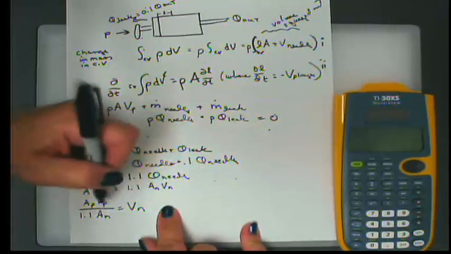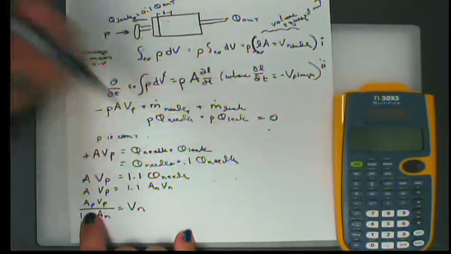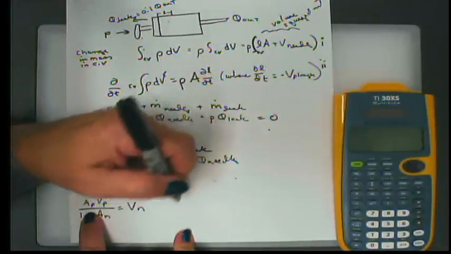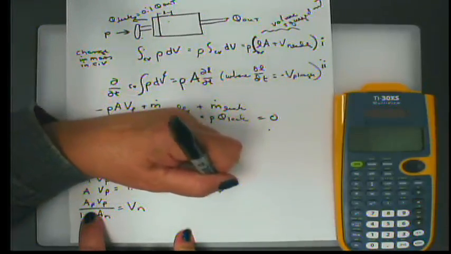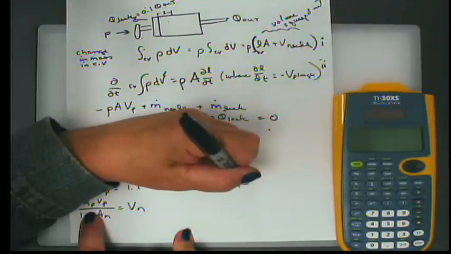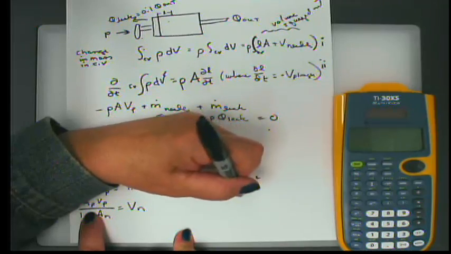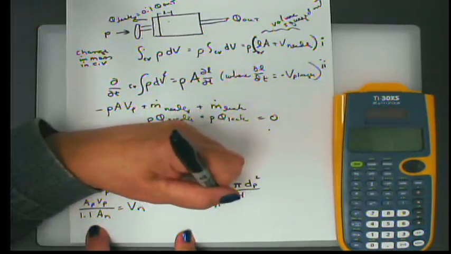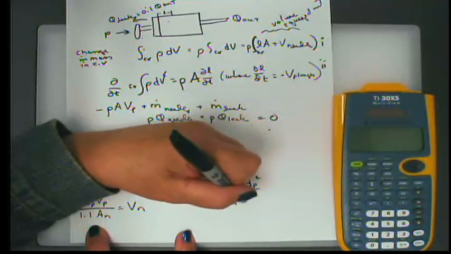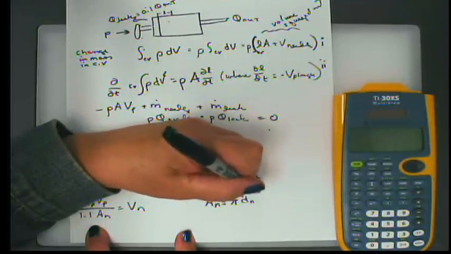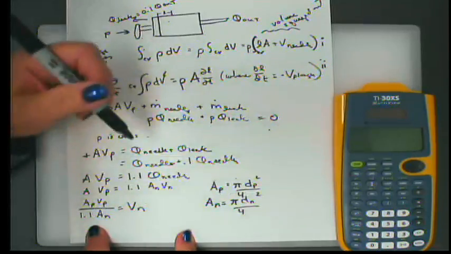And we know that both of these are relatively circular, so we can say the area of the plunger is equal to pi times the diameter of the plunger squared over 4, and the area of the needle is equal to pi times the diameter of the needle squared over 4.